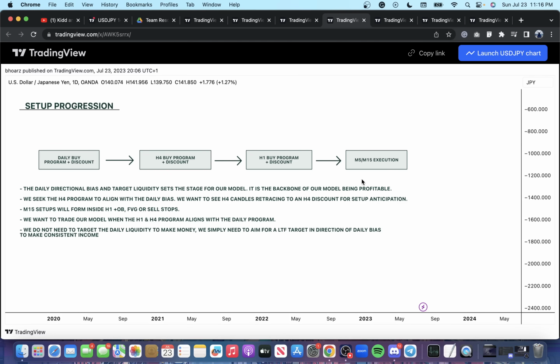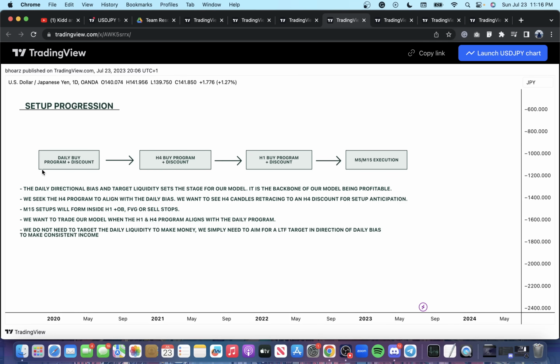You don't hunt your setup until the market gets into your anticipated level of expansion, or unless the market has started the expansion from that discount, then you can go and hunt your setup on the lower time frame. Your M15 setups will form inside H1 order blocks, bullish order blocks. So we're talking about buy program again. For sell programs, you just want to reverse what I'm saying, and it'll work for sell programs.